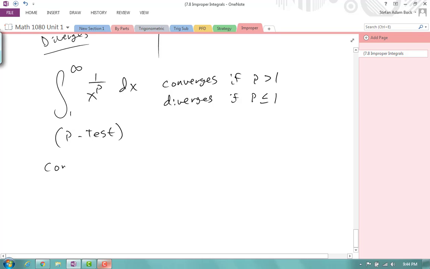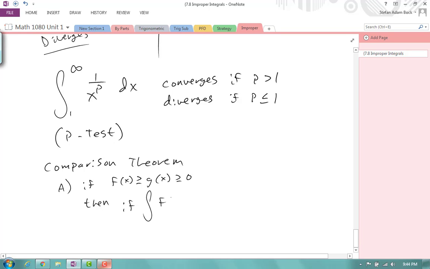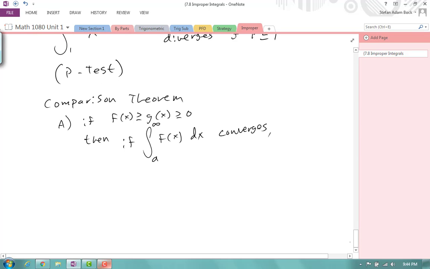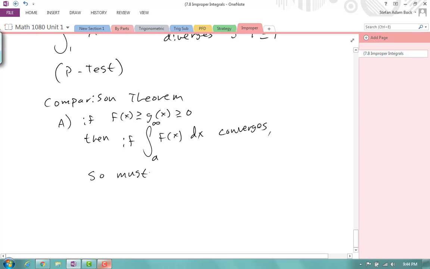So the comparison theorem says A, if f of x is greater than or equal to g of x, and they're positive, then if the integral of f of x converges, so must the integral of g of x converge.